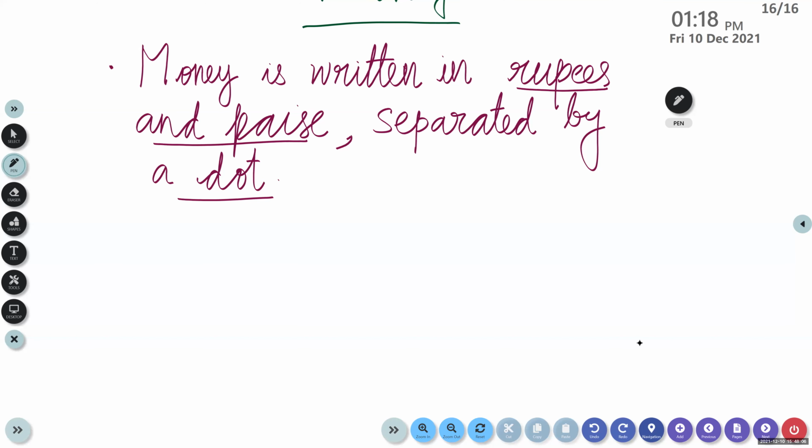Who is talking in Malayalam? Money is written in rupees and paisa, separated by a dot.